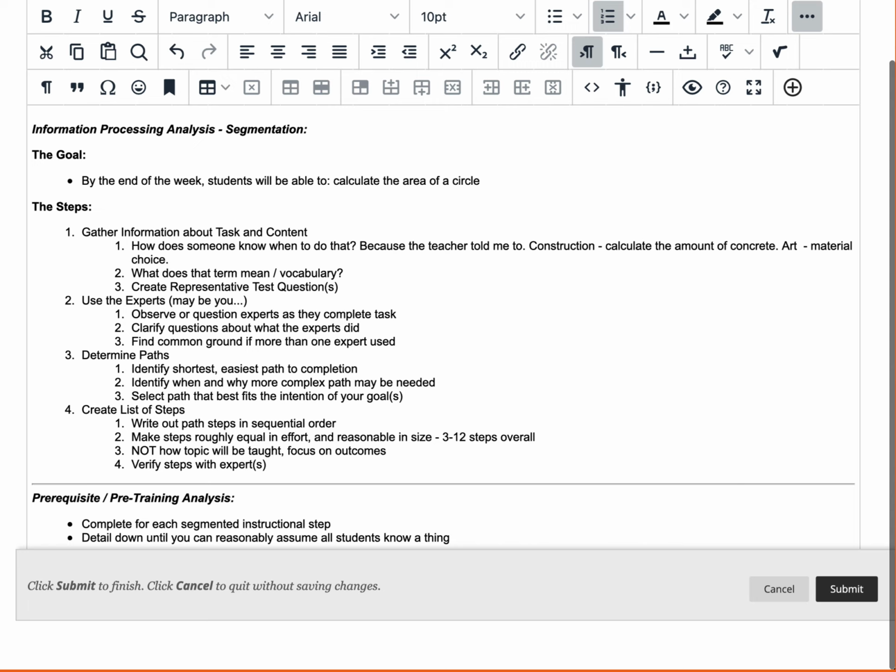There are probably reasons in certainly drafting classes, construction classes or materials classes. I could even see some science classes where you need to calculate the area of a circle, maybe to figure out how much liquid goes into a beaker or something.